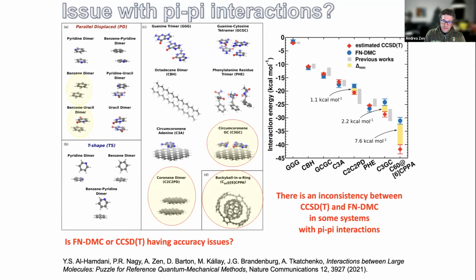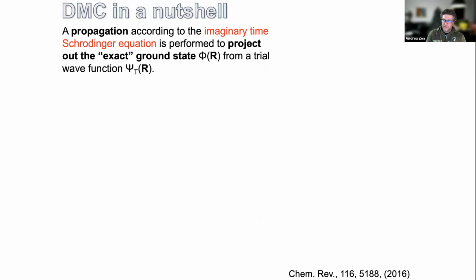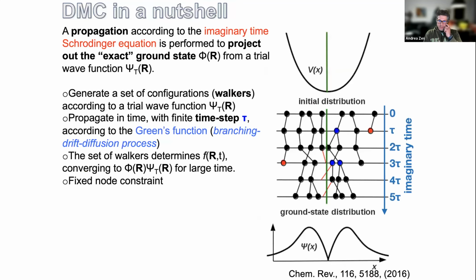So I've been trying to focus a little bit on this question, but first I just want to give a brief introduction, a few slides about DMC. In this talk, I think that everybody knows DMC, so let me remind that it is a branching-based diffusion process that is used to project out the exact ground state from a trial wave function.